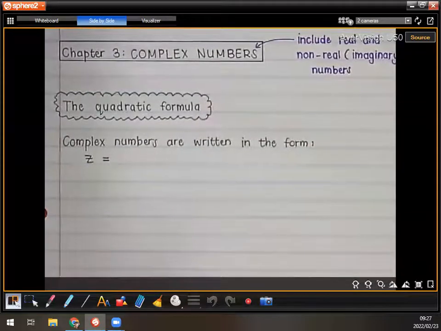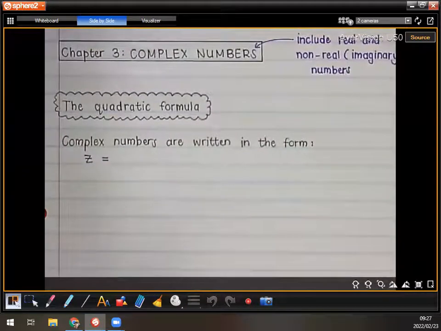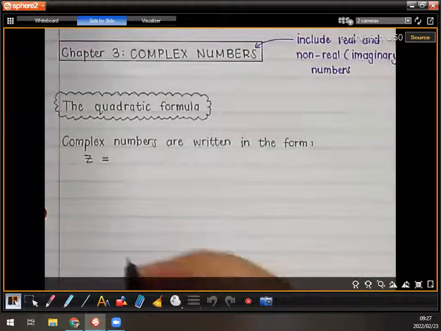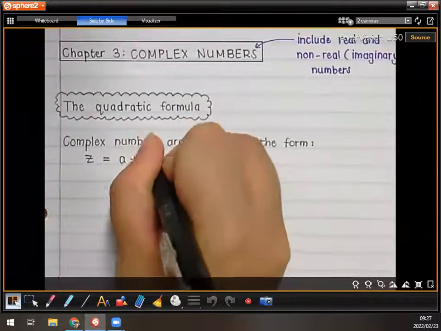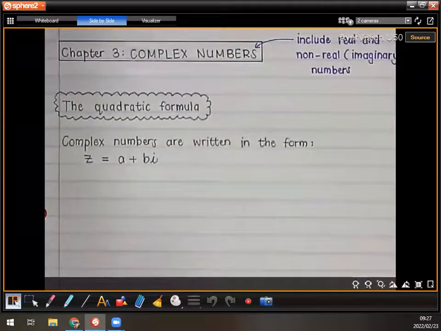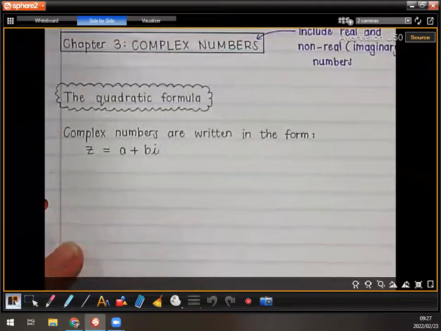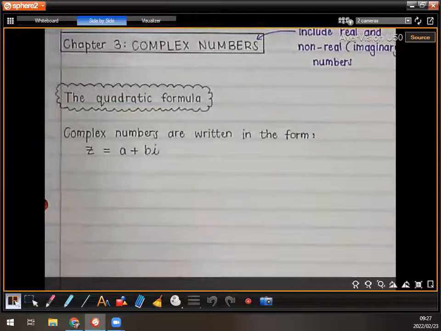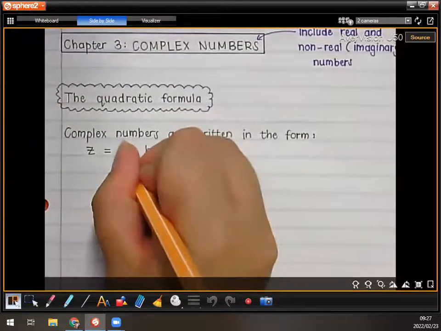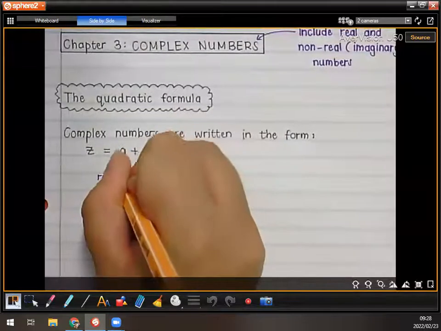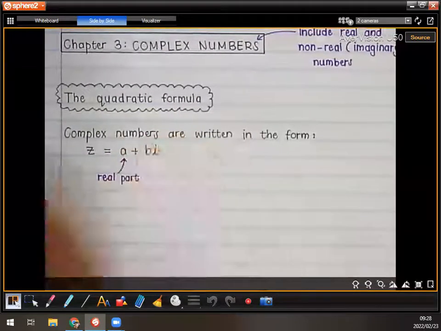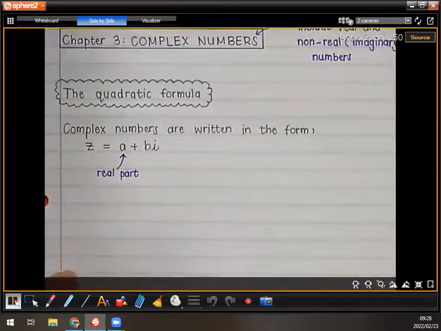Z is now the name of the complex number. They can give you Z, they can give you W, they can give you any variable, but it will always be written in the form a plus bi. I'm going to explain now, don't panic. A is the real part of the complex number.